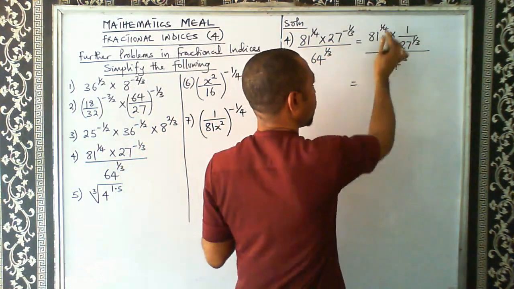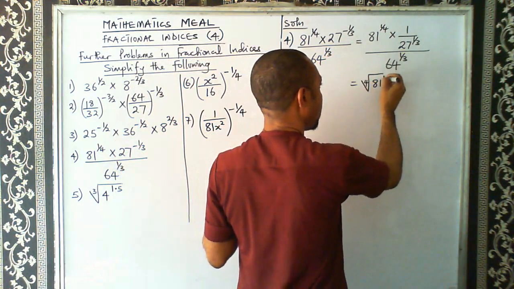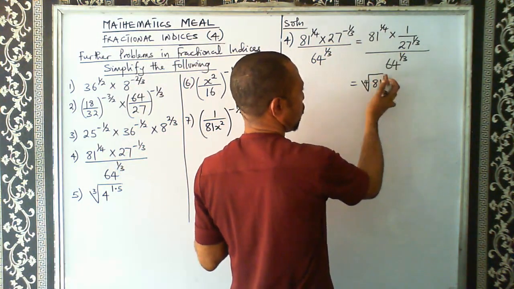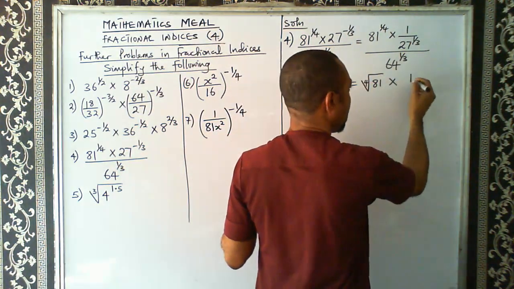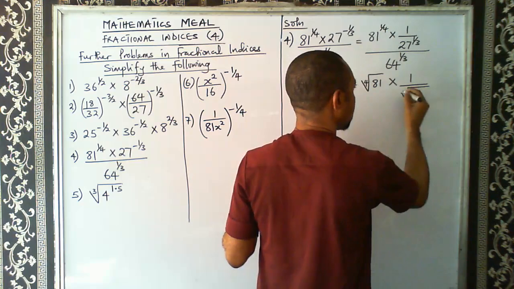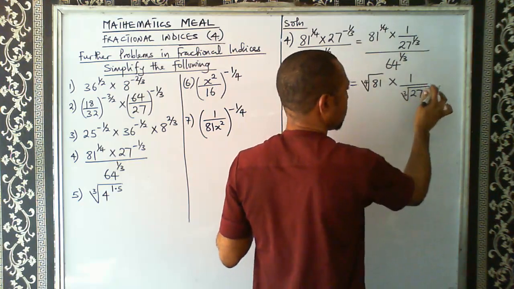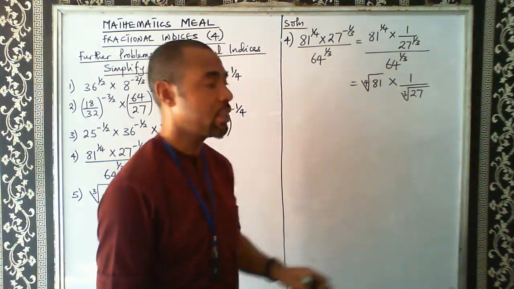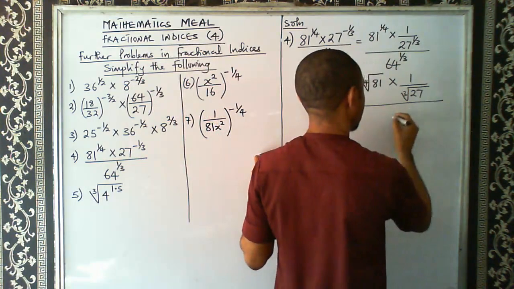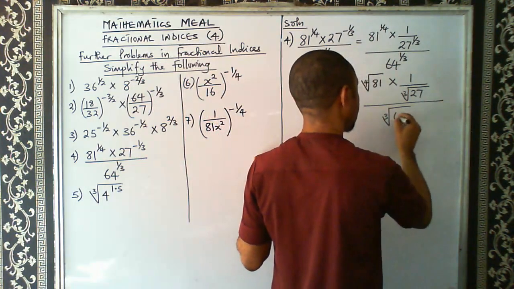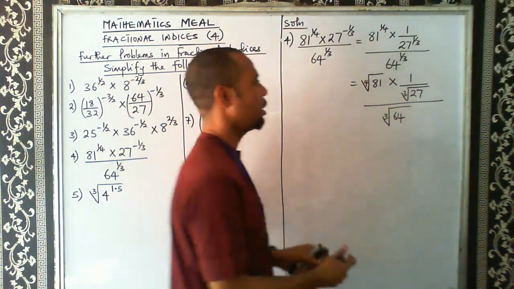So in root power form, this becomes 4th root of 81 to power of 1, and to power of 1 is 81, times 1 over cube root of 27 to power of 1. This is the power, which power of 1 will not affect the value of this, all upon cube root of 64 to power of 1, which the power of 1 will not affect that.